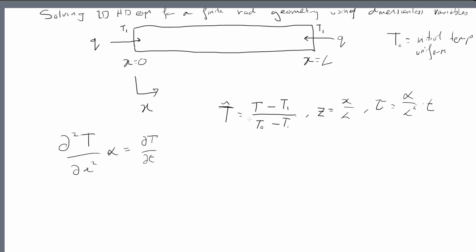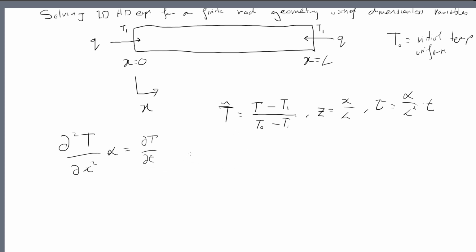So what we can do now is write some boundary conditions. Because we have this equation which is second order in x, and first order in time, that means we need two boundary conditions and one initial condition, or two spatial boundary conditions and one temporal boundary condition.